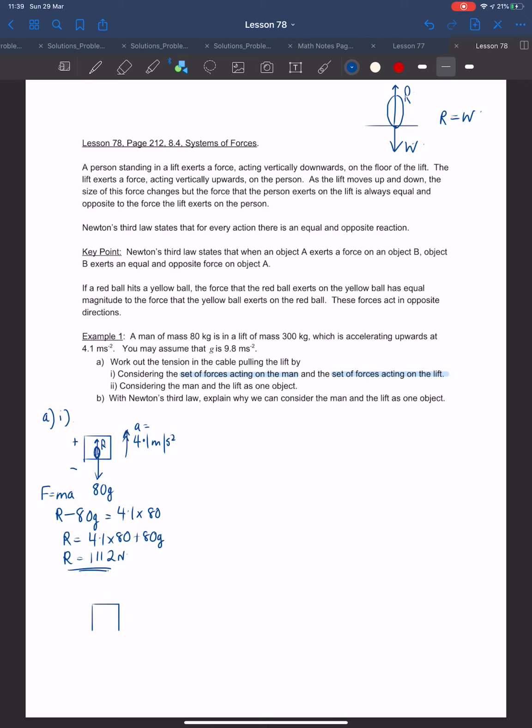So the total distance above the ground, 0.6 plus 0.2 plus 0.0769, etc, etc, which is 0.8769, etc, etc. So it's 0.88 metres, to 2 significant figures.